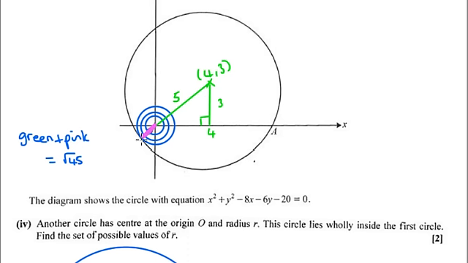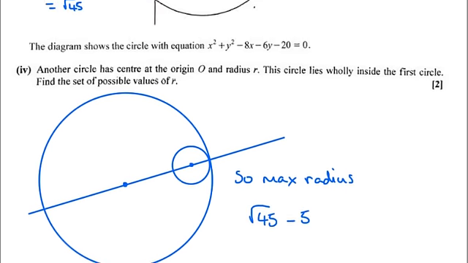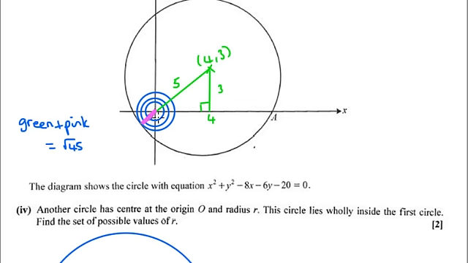So the maximum length of the pink line is going to be root 45 minus 5. The whole thing, take away the green bit.